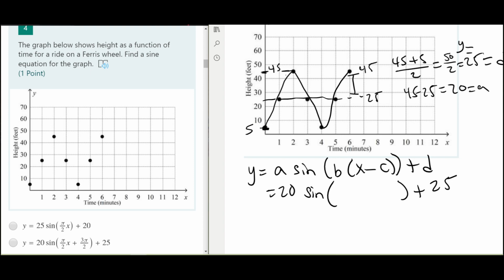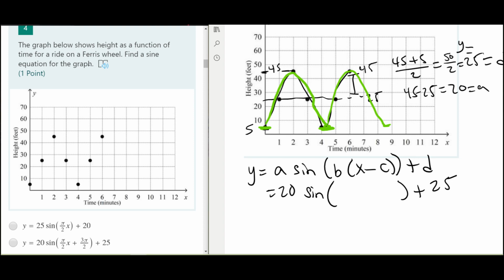So we're going to figure out, when does this function start repeating? We can tell that it starts here and then repeats until it gets to here, right? And after that point, it'll repeat again. Assuming that you're still on the ride, it'll keep going in a circle forever.